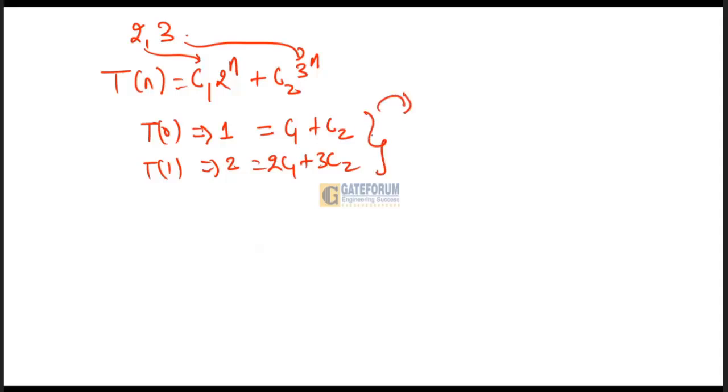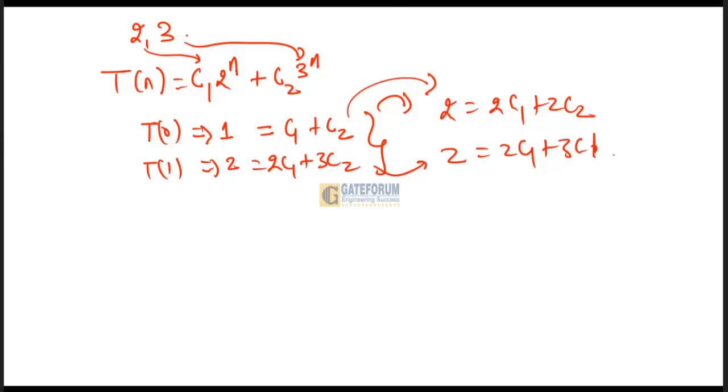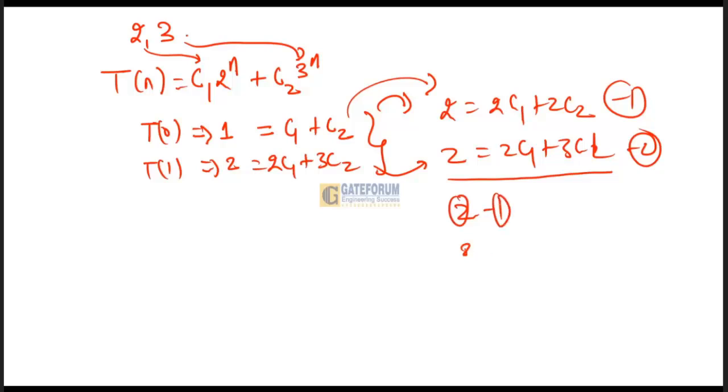At the end, we have two variables and two values that we need to find. I can multiply the first equation by 2. So I get 2 equal to 2c1 plus 2c2, and the other equation remains as it is, 2c1 plus 3c2 equal to 2. Then I subtract equation 1 from equation 2. So I get the value of c2 equal to 0, because 2 minus 2 is 0.